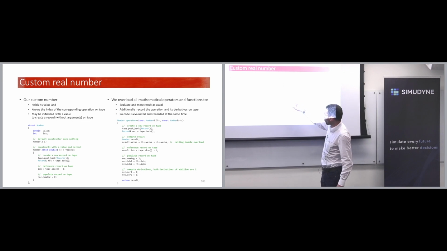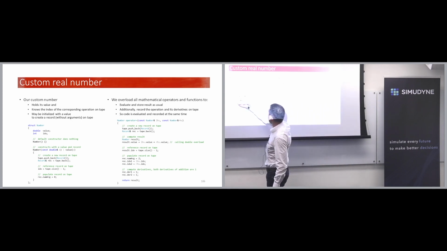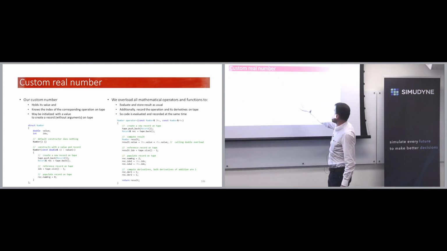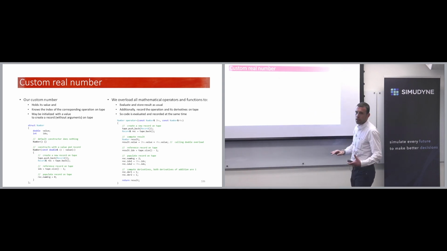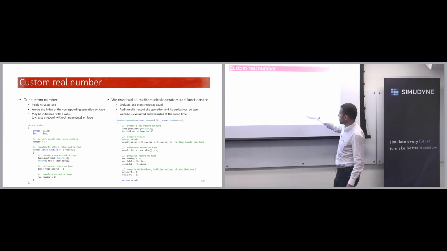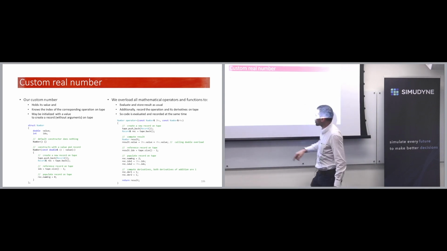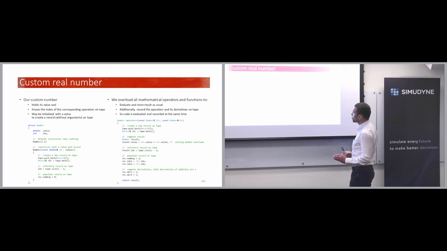Then I compute the results, so I have a number result, and then I say that the value of this result, so it's the value it stores, is the value of the left-hand side plus the value of the right-hand side. And the value is always a double, so this will call the double overload, the standard plus operator, right? So this line will add these two numbers and store the result in the value of a result. So that's exactly what we want to do.